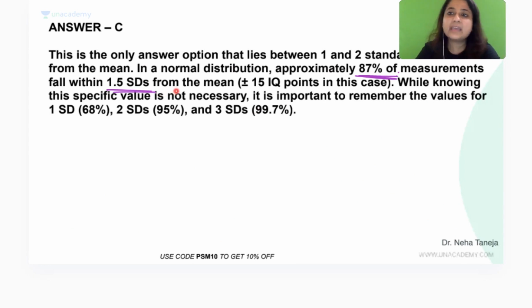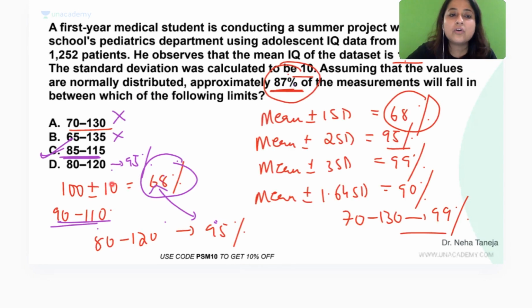But I cannot remember that 87% corresponds to 1.5. It's too difficult to remember like that. So the best thing is that 87% is something between 68% and 95%. So this was the only value which was justifying it.